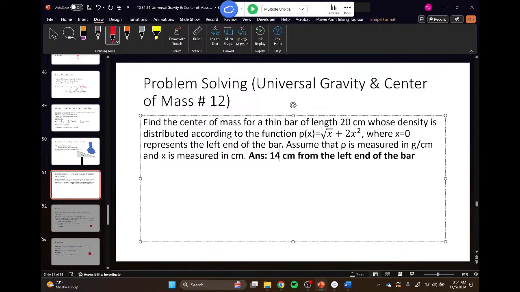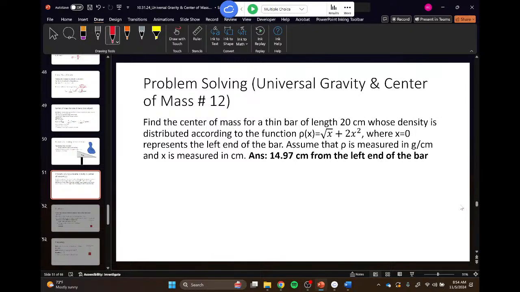Oh, yeah. 14.97 centimeters. There you go. So your calculator is right. I've had 3 people get that answer. Yeah, I got it.